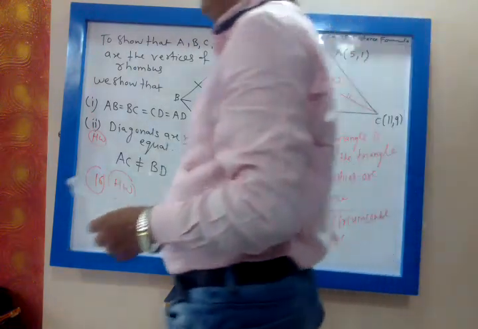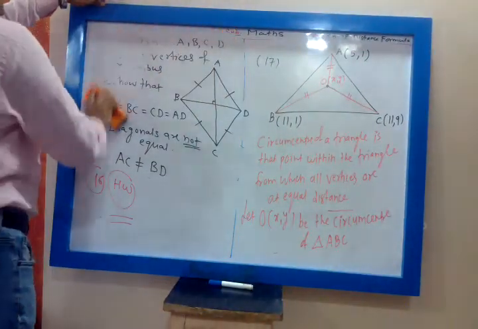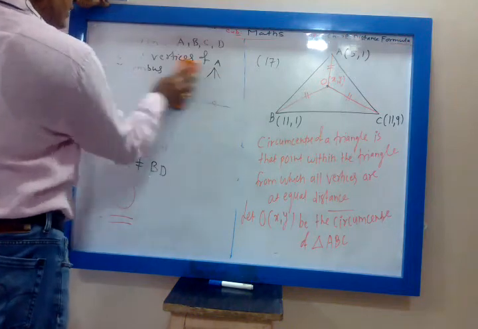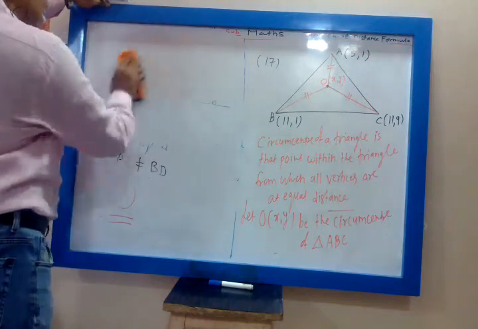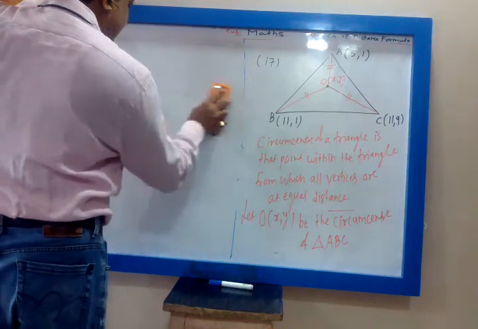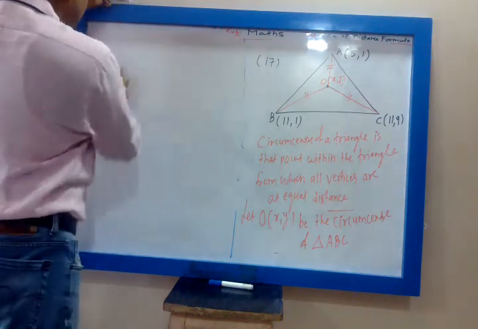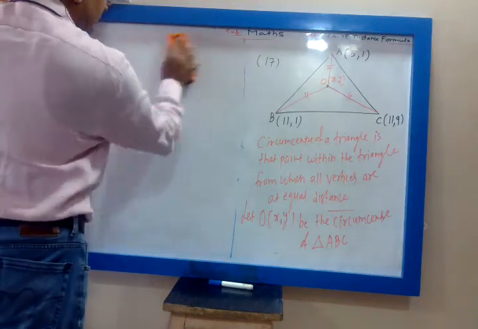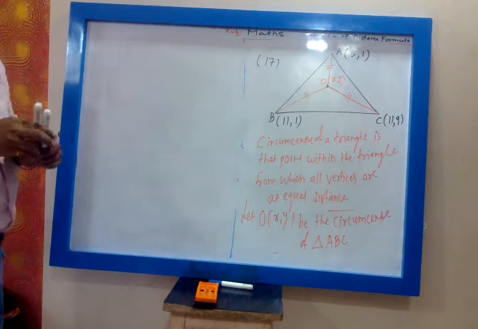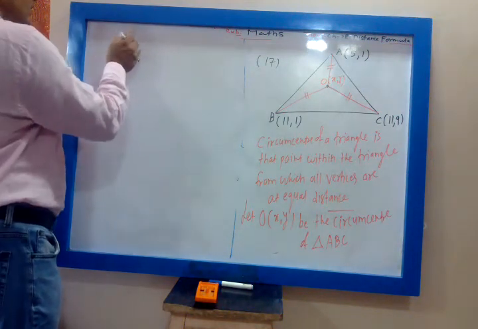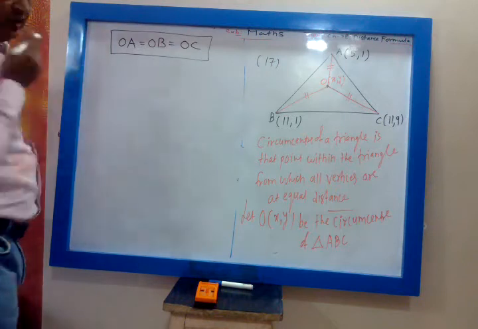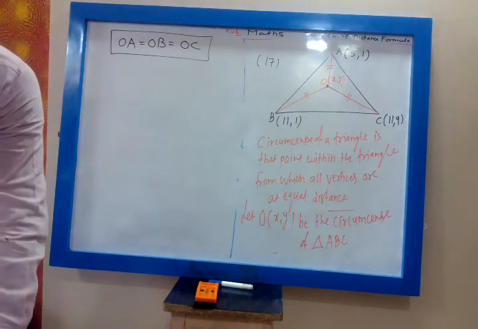The circumcenter of a triangle is that point within the triangle from which all the vertices are at equal distance, so you will get OA equal to OB equal to OC.